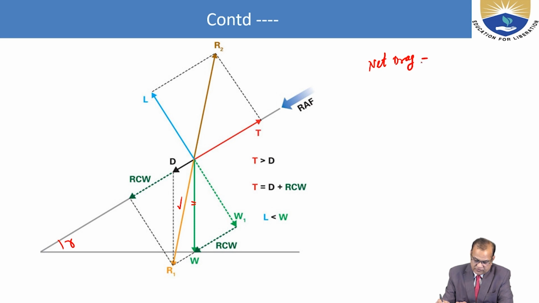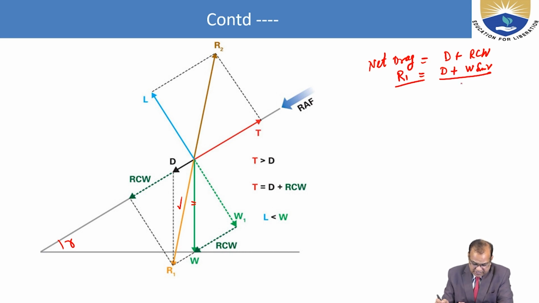Net drag is equal to drag plus RCW, the rearward component of the weight, and here the rearward component is W sin gamma. So this is this line R1.